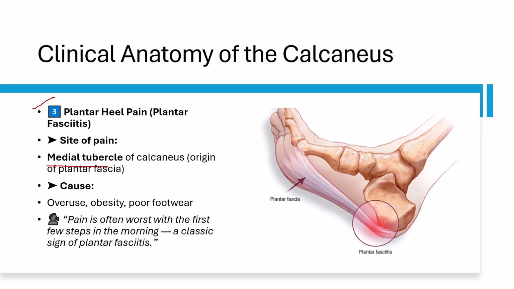This is the only place where the plantar fascia originates. It can be caused by overuse, obesity, and poor footwear. Pain is often worse with the first few steps in the morning, which is a classical sign of plantar fasciitis.